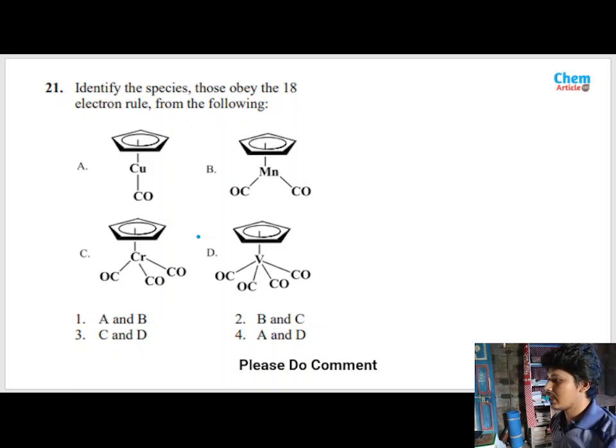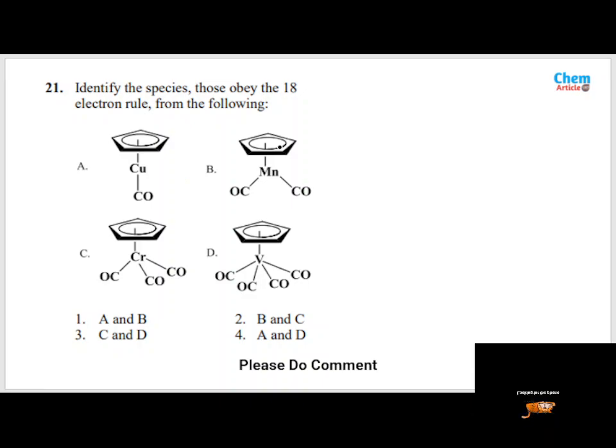We know that compounds which follow the 18 electron rule are more stable, and also the 16 electron rule. Now first of all, how to count the total valence electrons for the 18 electron rule.